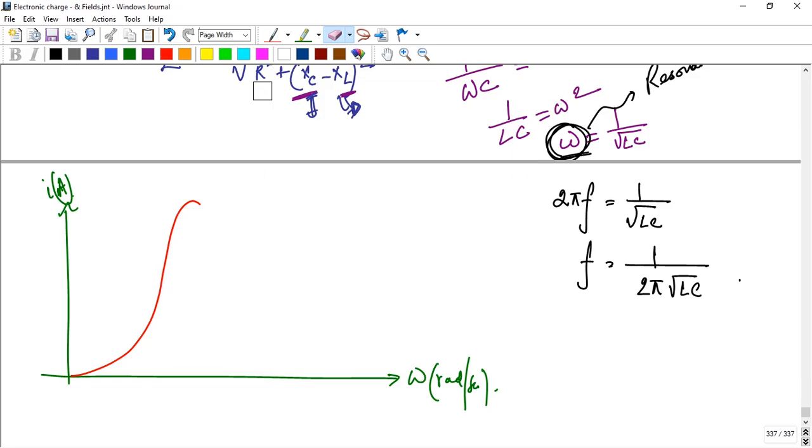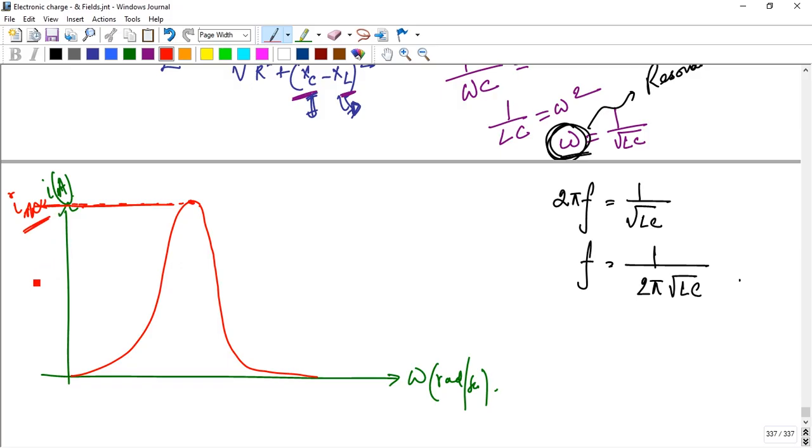Here is the maximum. This top point is a peak, that's Im, the maximum current.